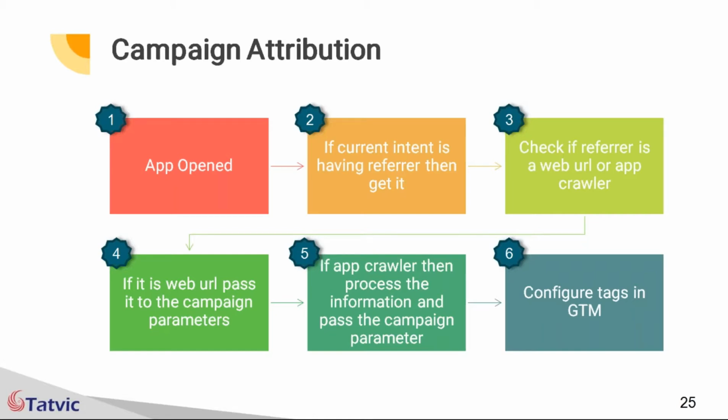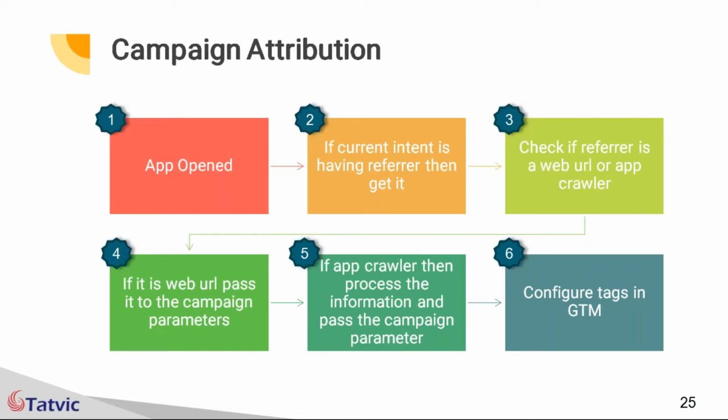The fifth step: if the referrer is an app crawler, process that information and pass those parameters into a data layer. How to process that? Let's say a user searches in the search box that Android gives you, like Omnibox, and the application can be opened from there as well.